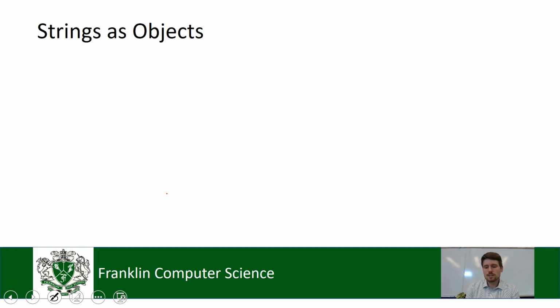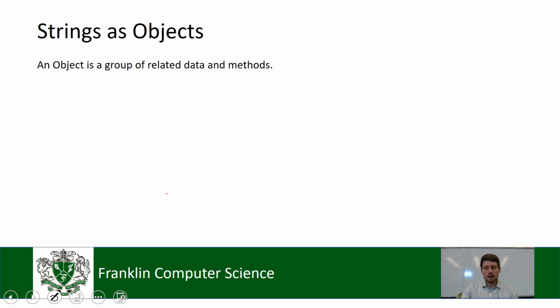Okay, so let's now talk about strings. So strings behave a lot differently from other kinds of data types we've talked about, in that a string is the first kind of piece of data that we're going to call an object. So what is an object? An object is a group of related data and methods.